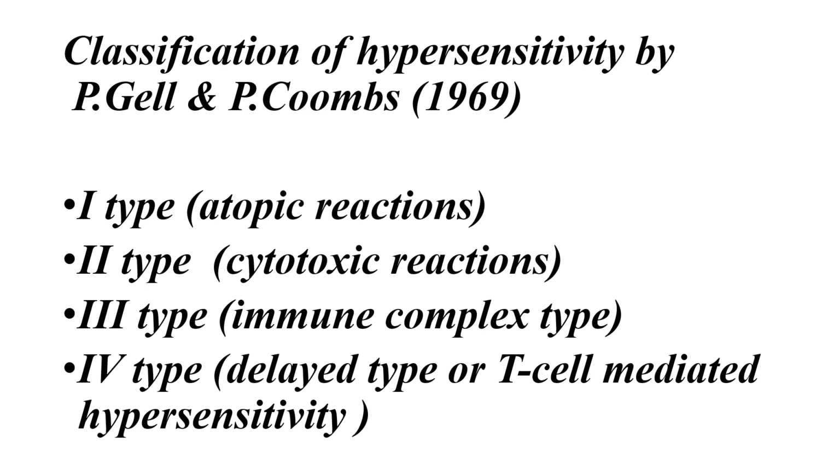Classification of hypersensitivity was made by several famous scientists. The first type is the atopic reaction, the second type is the cytotoxic reaction, the third type is the immunocomplex type, and the fourth type is the delayed type of T cell mediated hypersensitivity.